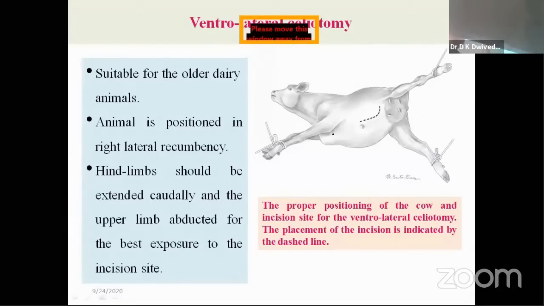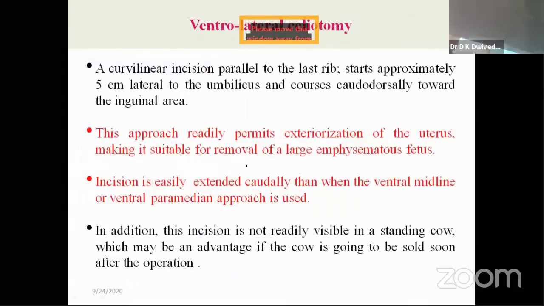But the problem in this technique is, again, difficulty in the closure of the abdominal incision. Now, the ventrolateral celiotomy approach readily permits exteriorization of the uterus, making it suitable for removal of a large emphysematous fetus.